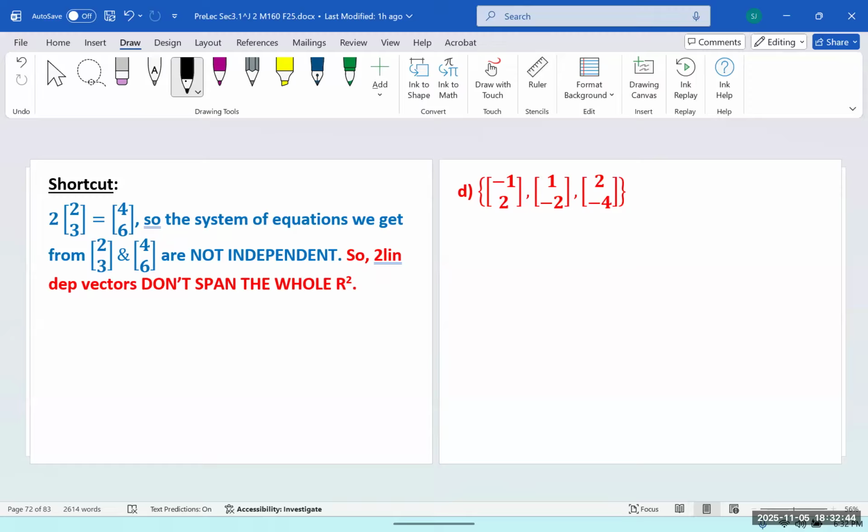Do you remember what I told you about how linear independence and dependence are connected with your space dimension? In R2 space, how many maximum linearly independent vectors can you have? 2. But how many are given to us? So one of them definitely is not independent.